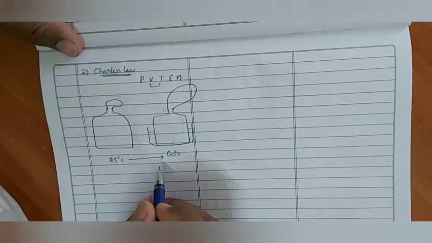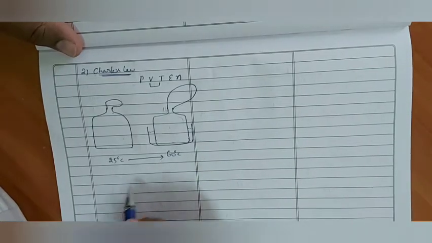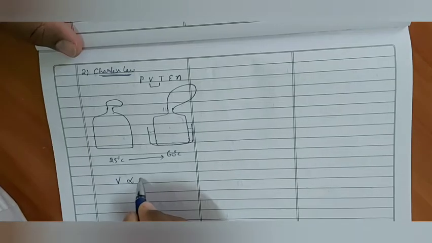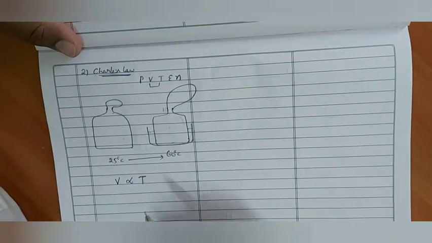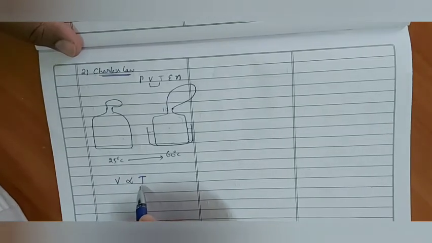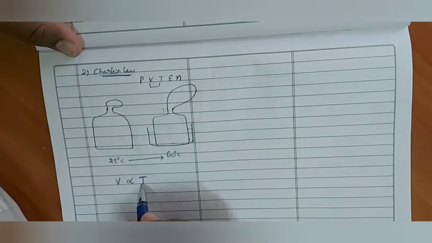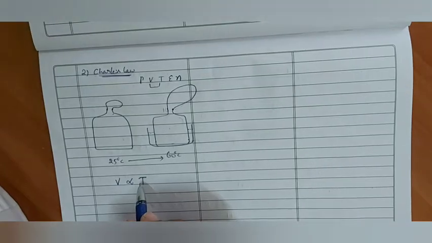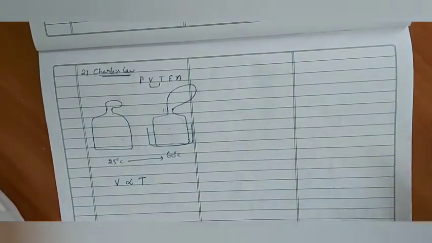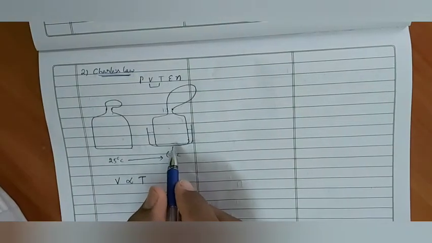By the increase in temperature, what happened to volume of the gas? Increases. Then that relation is called direct relation. So I am going to write that relation as V is directly proportional to capital T. Please observe this here. V is directly proportional to absolute temperature. It is also directly proportional to degree centigrade, but degree centigrade means we will get another relation. That one also I will draw.